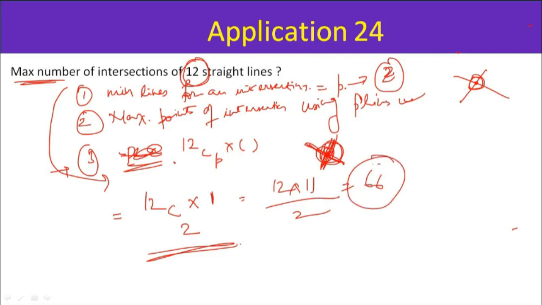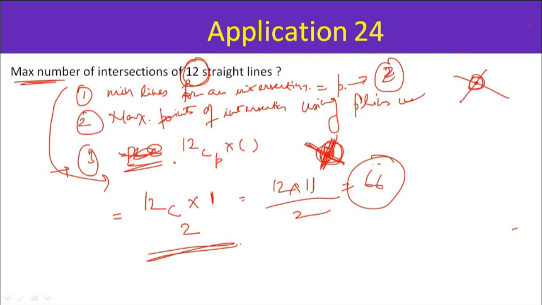I'll repeat myself. Always remember this method. Whenever we have to find out the maximum number of intersection points in any curve, mentally think how many minimum figures do you need for an intersection. For example, here you definitely need 2 lines minimum to draw an intersection.